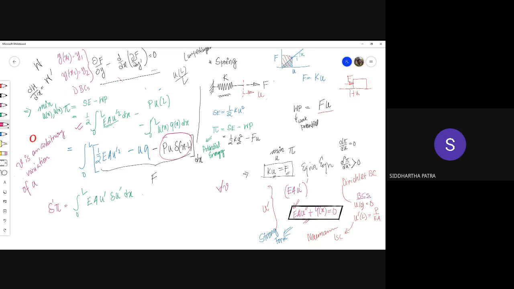And because v is a variation of u, v is 0 on gamma u, that means wherever the value of u is given. That implies v is 0 at x equals 0. V is 0 at x equals 0 not because u is 0 at x equals 0, but because the value of u at x equals 0 is given. Even if this value was 10, the value of v should be 0.